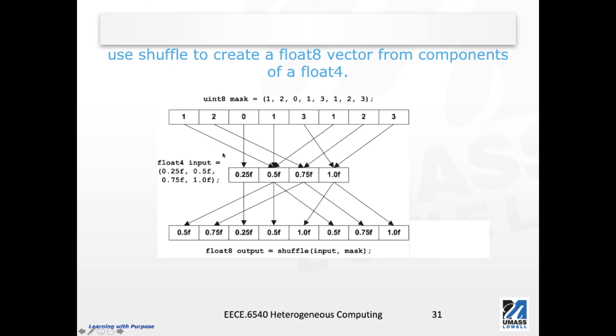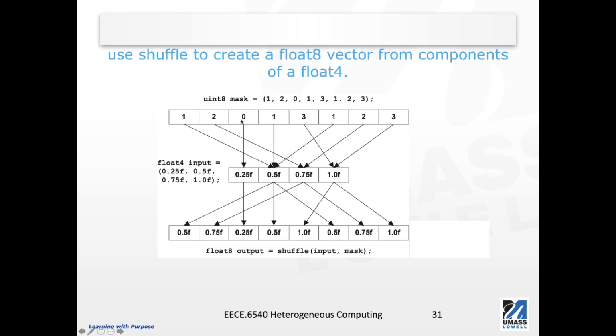So for this example, we're going to perform a shuffle operation, which takes the input vector and the mask. This input vector is shown here. It's a float4, so we have 4 floating point numbers, and the index goes from 0, 1, 2, and then 3. The mask here is a uint8, so that means this is an 8-element vector.